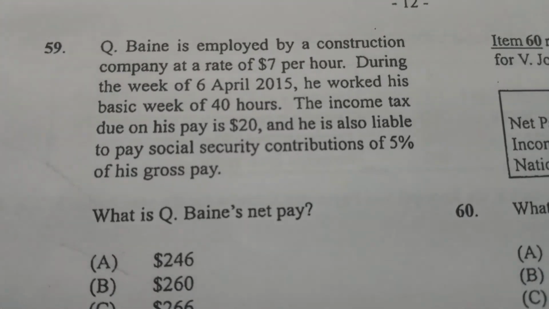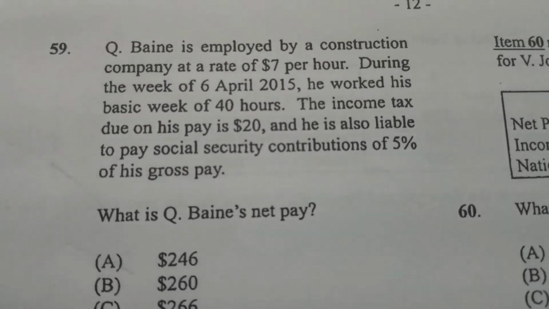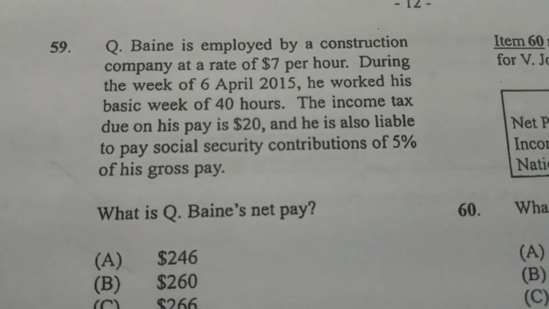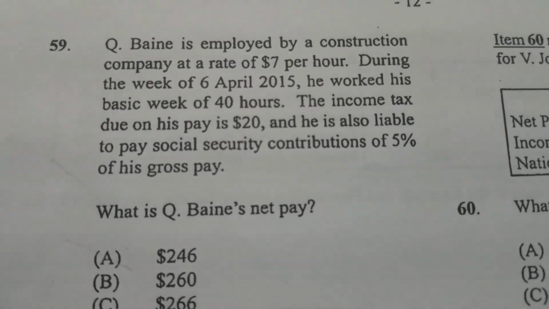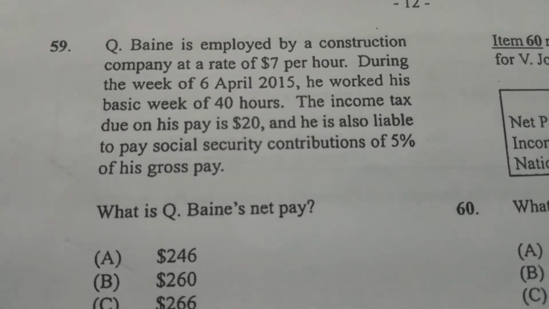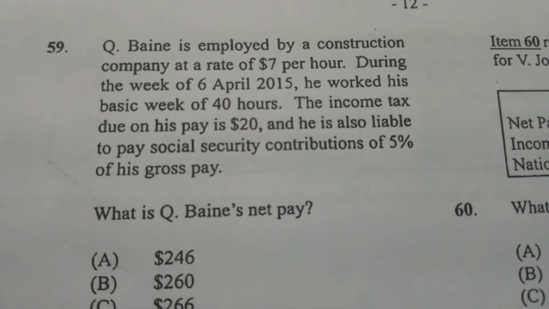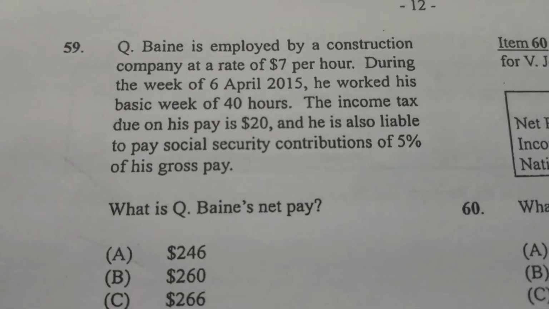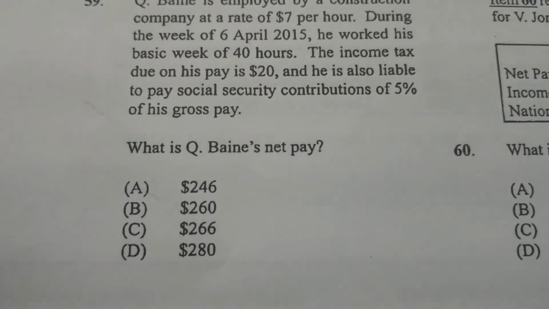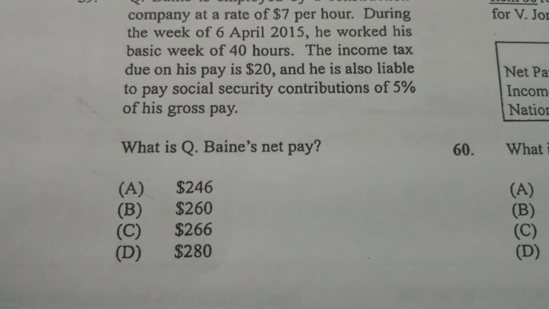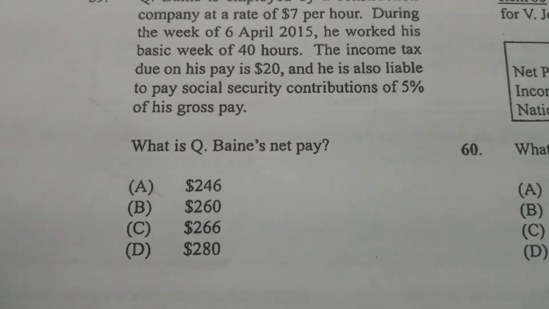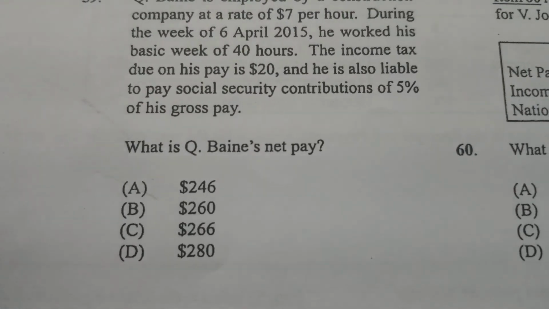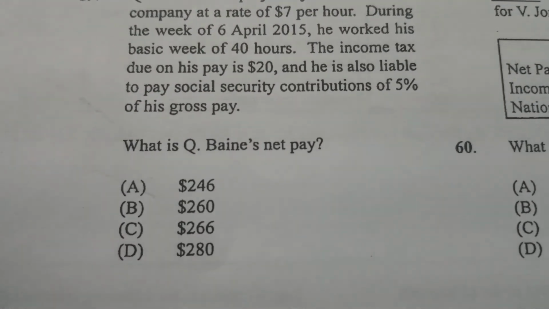The income tax due on his pay is $20, and he is also liable to pay Social Security contributions of 5% of his gross pay. They want to know what's the net pay of Q-Brain. The best answer is A, 246.